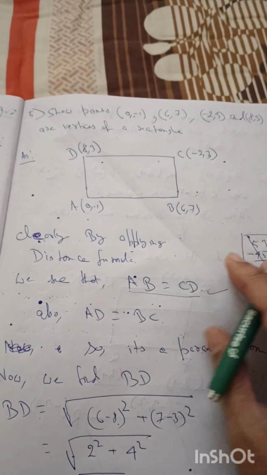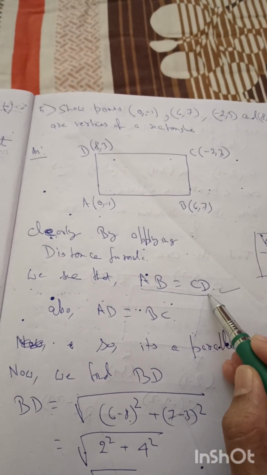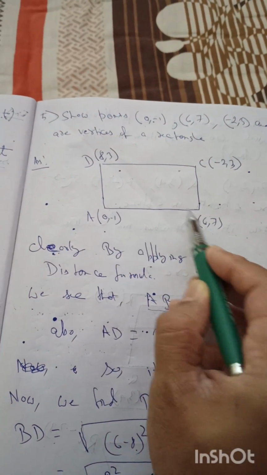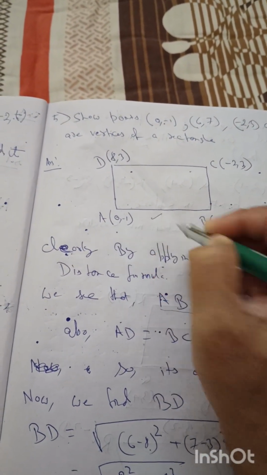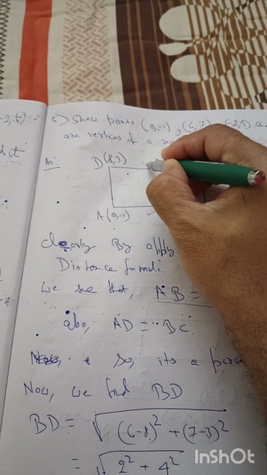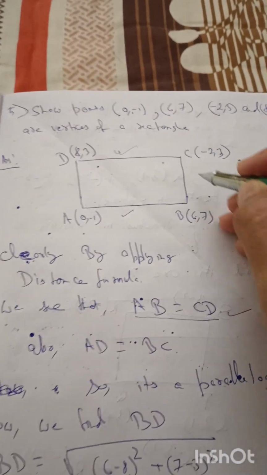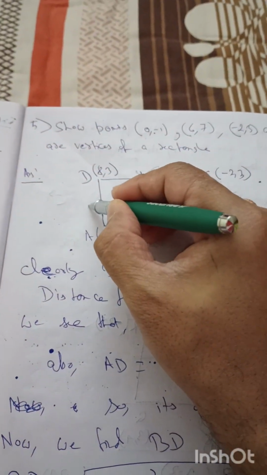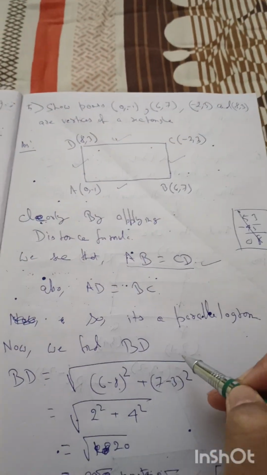Now by applying the distance formula we see that AB equal to CD, that is, this side is equal to this side, and we also see that this side is equal to this side, that is BC equal to AD.